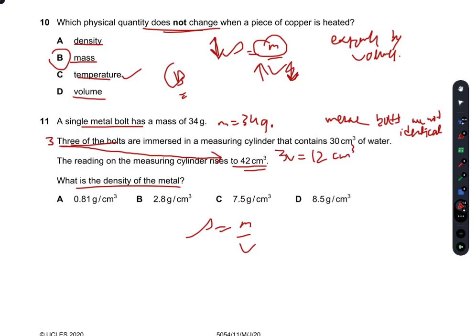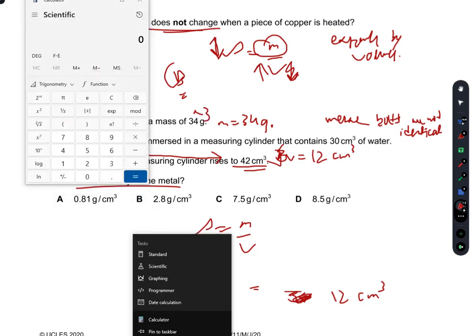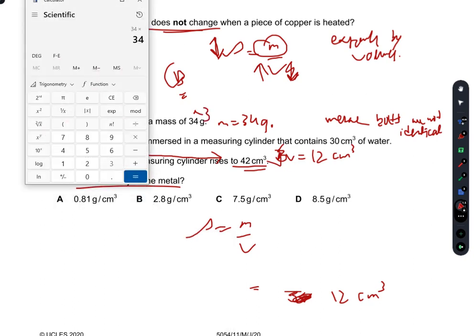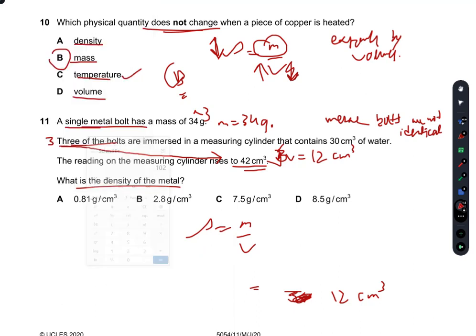So 12 cm³ for three bolts, and the mass of three bolts would be 34 times 3. What is 34 times 3? I'm weak in maths. 34 times 3 is 102.